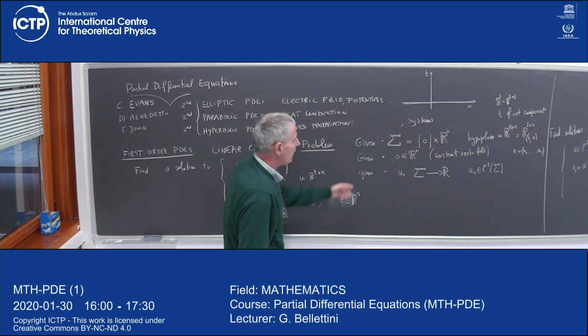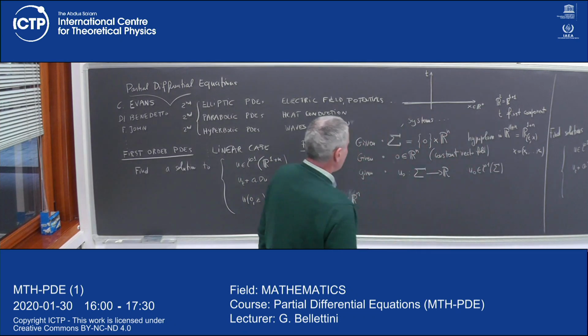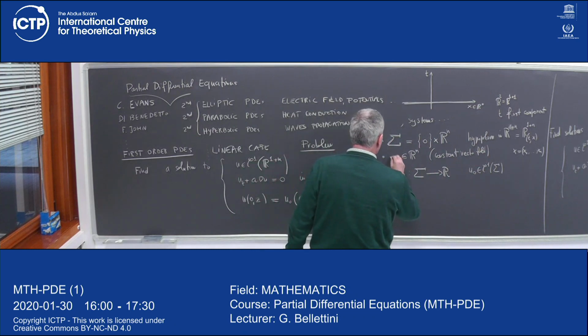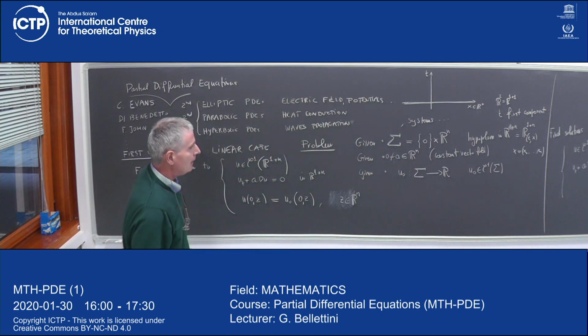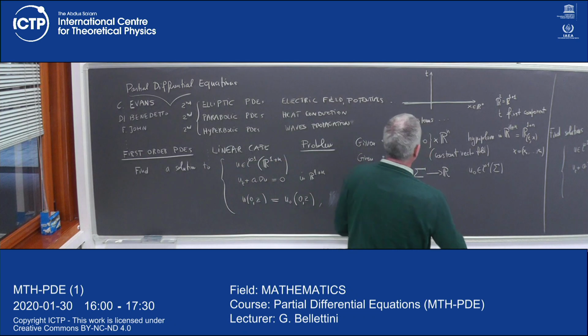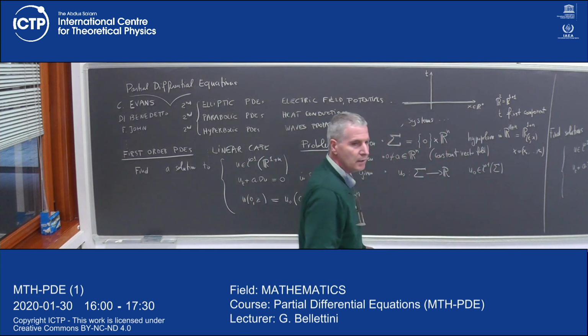Then I give you a vector in Rn. I give you a vector in Rn, call it a, non-zero, otherwise it is trivial. And then I give you a function u0, which is defined only on this violet line, and it is given.